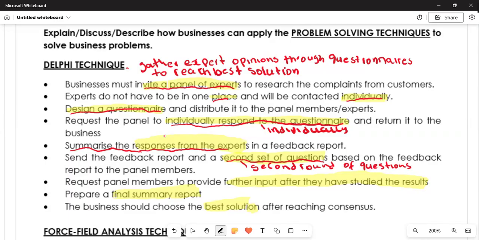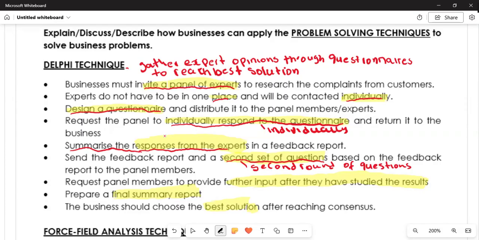Again, request panel members to provide further input after they have studied the results. So this is where you get second responses and prepare the final report.